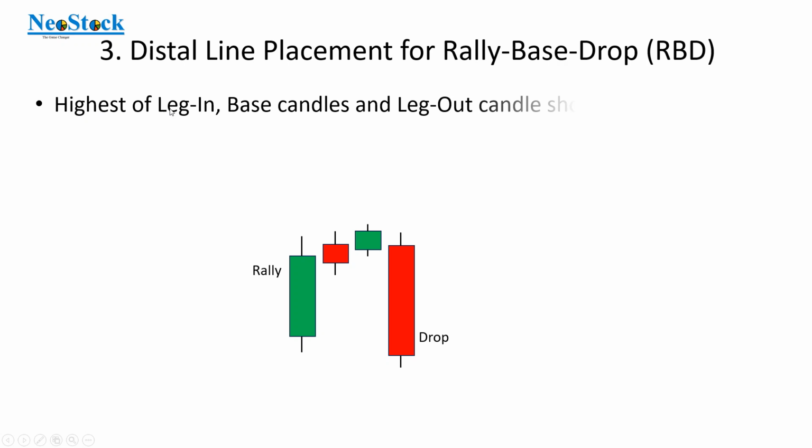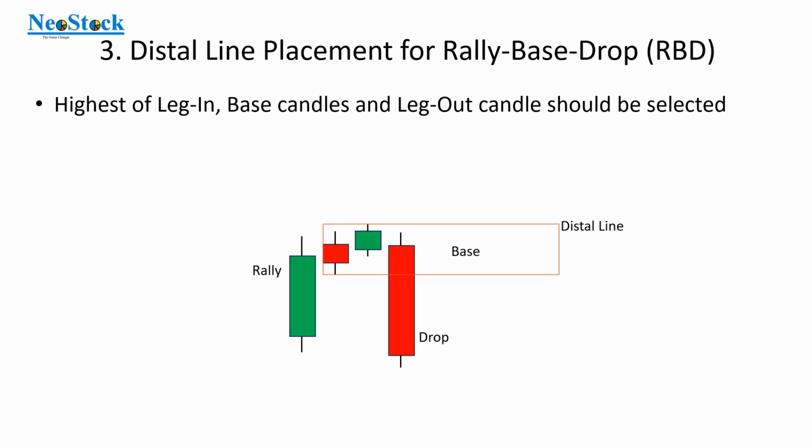See here, the highest of leg in, base candles and leg out candle should be selected. Among all these, this base candle is having the highest. So this is going to be our distal line.